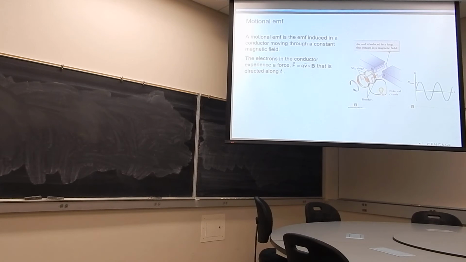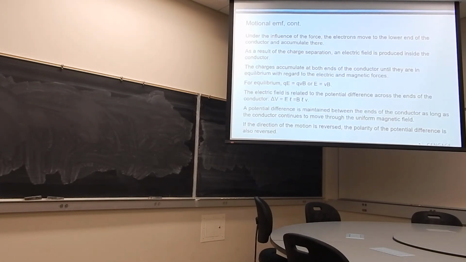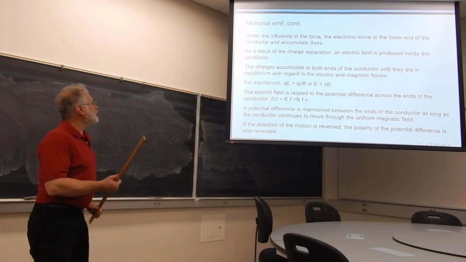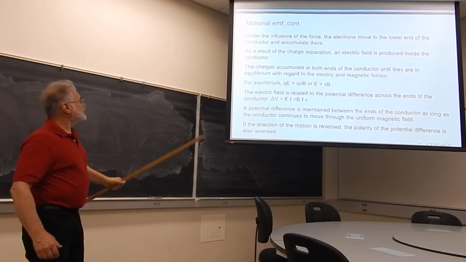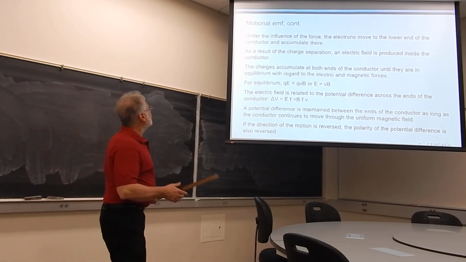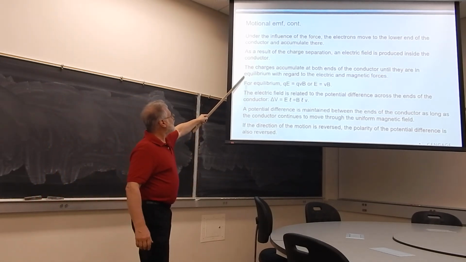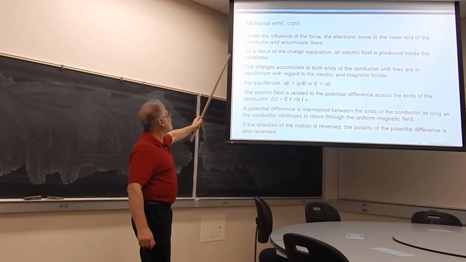That motion will cause the electrons to move to the lower end of the conductor and accumulate there. When the charges separate, an electric field is produced, and the charges accumulate at both ends of the conductor until they're in equilibrium.